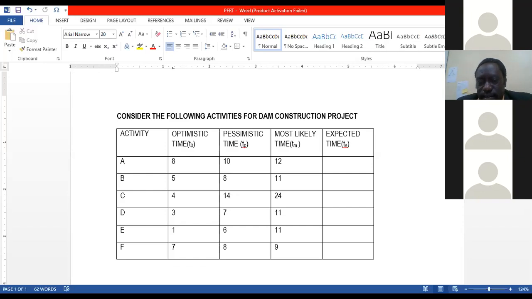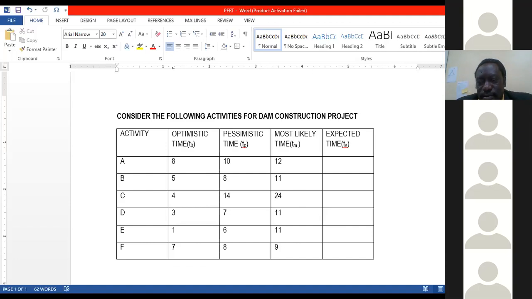Sonia, what are you getting? 11. For activity D? Steve, for activity D, how much do you have? Activity D is 9. But Sonia, she's getting 11.